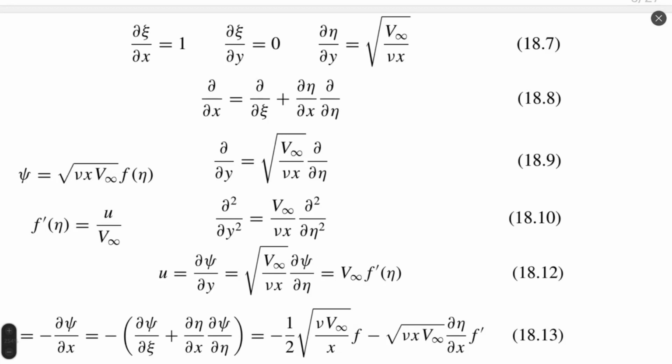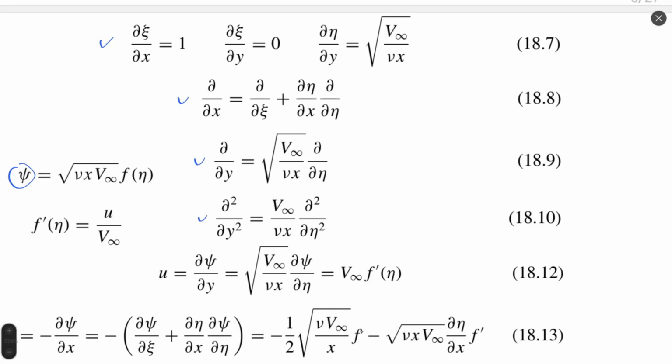I just put here all these formulas in a sequence from one formula to another, how it goes. So for example, the definition of derivatives, complex derivatives in the x and y direction, the second derivative for calculation of the viscous part. And also these equations involve in some way the stream function psi.